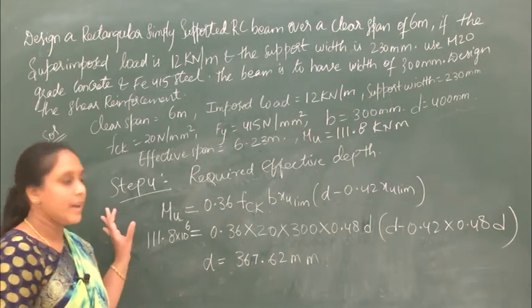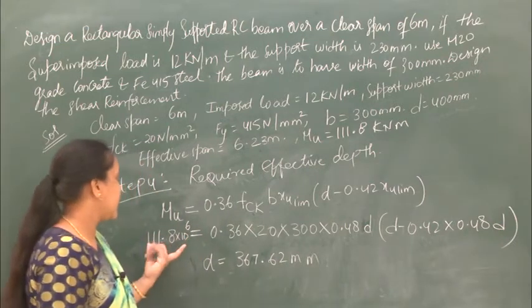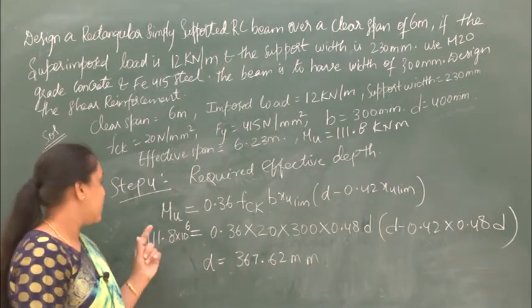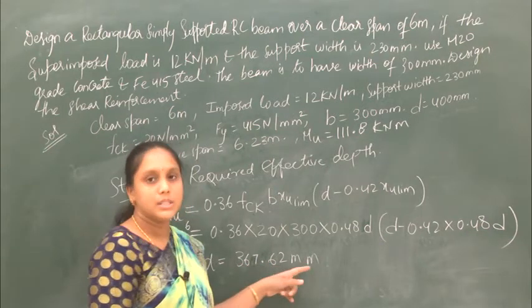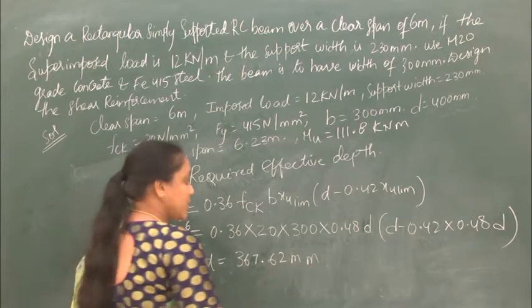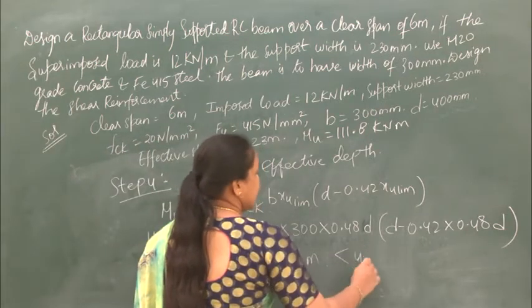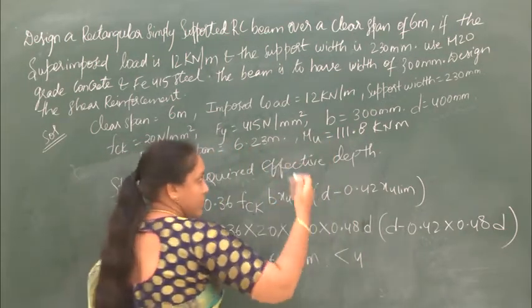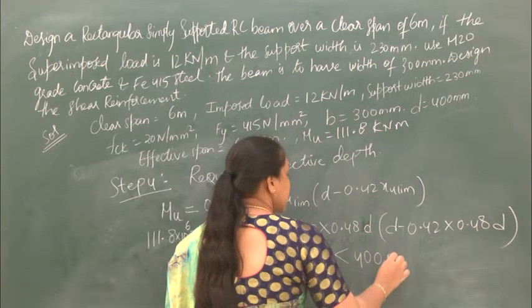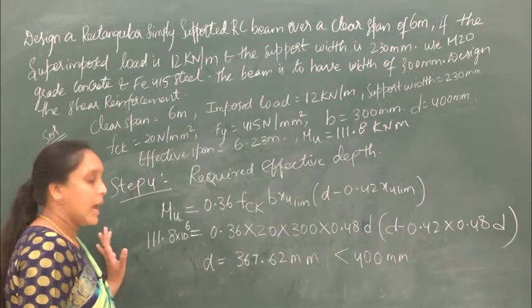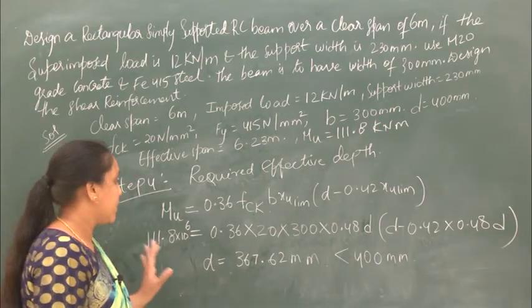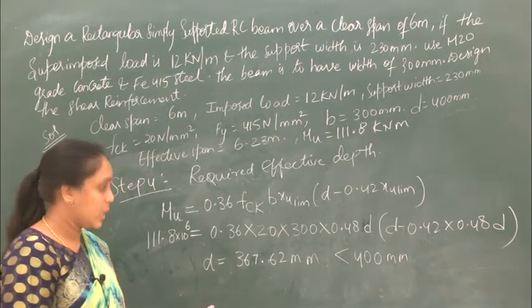So the required effective depth for carrying this particular moment Mu is 367.62 mm, which is less than the assumed depth. What is the assumed depth? It is 400 mm. So the effective depth we have assumed is adequate.